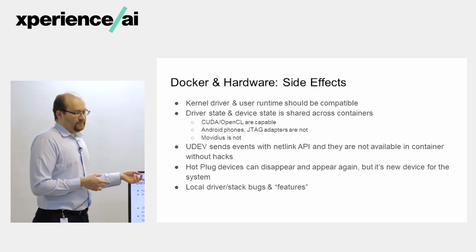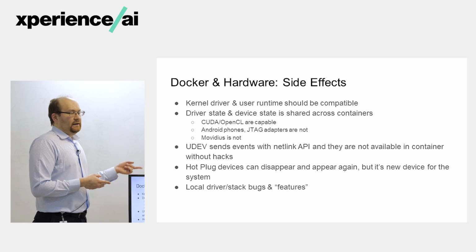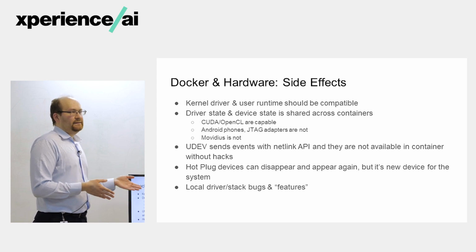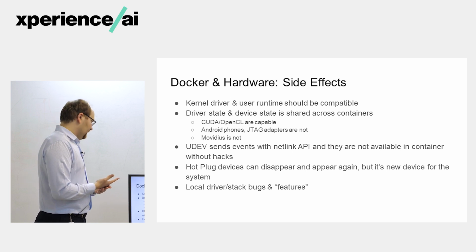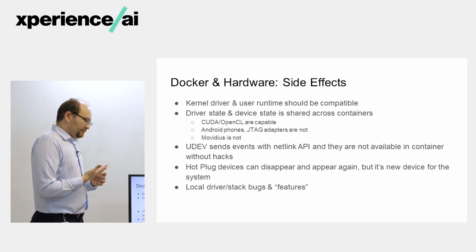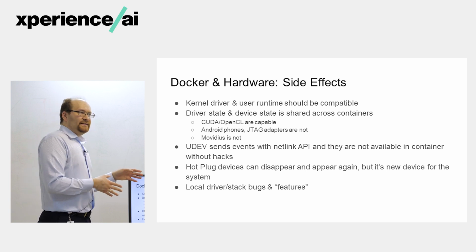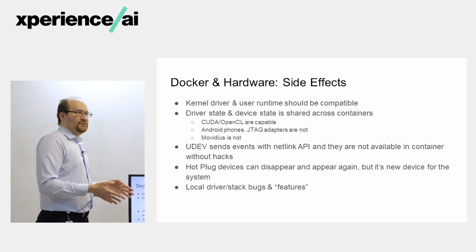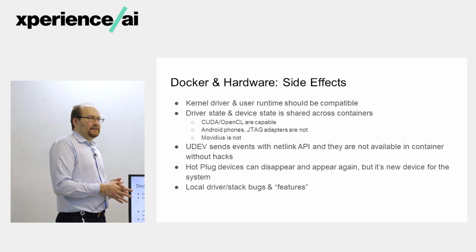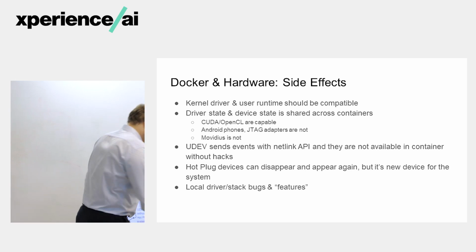An important implication is that by default, even with the privileged mode, the container doesn't get notifications about USB devices and hardware configuration changes that are triggered by UDEV. Then there are local bugs and some features that prevent using hardware with containers, and you have to hack something, but it's a rare case for now.